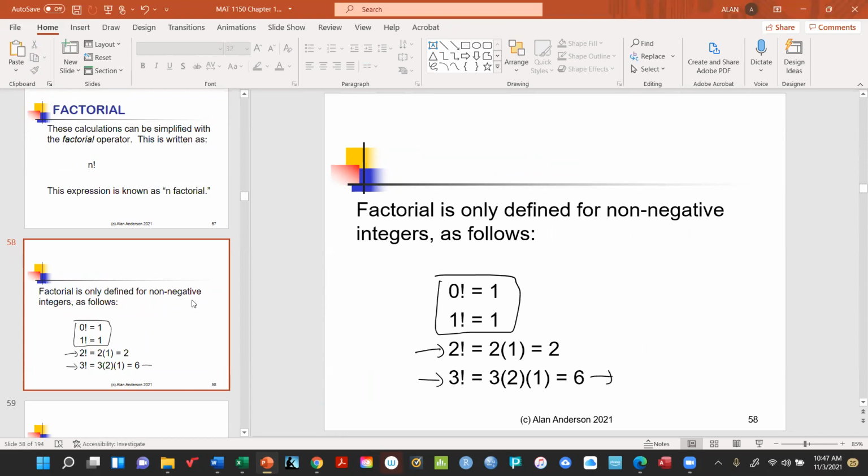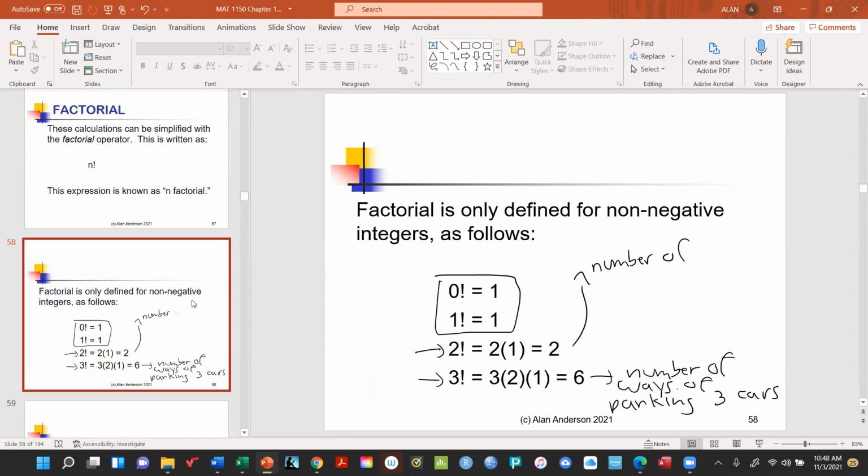And you notice this is the number of ways of parking 3 cars. It's not a coincidence. And remember here, this is the number of ways from our earlier example of placing 2 trophies on a shelf.